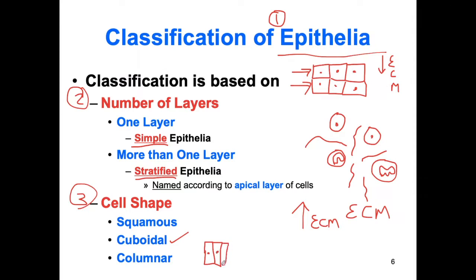If they're tall rectangles and they're columns, then we call them columnar. If they're cubes, like squares, then they're cuboidal. And if they're flat and irregular shaped like this, then we call it a squamous cell. Okay, so those are 3 questions you would ask.